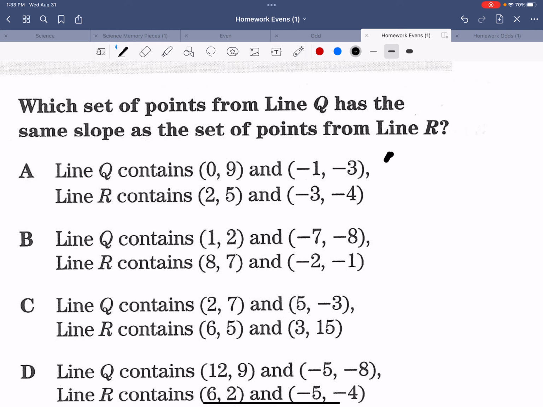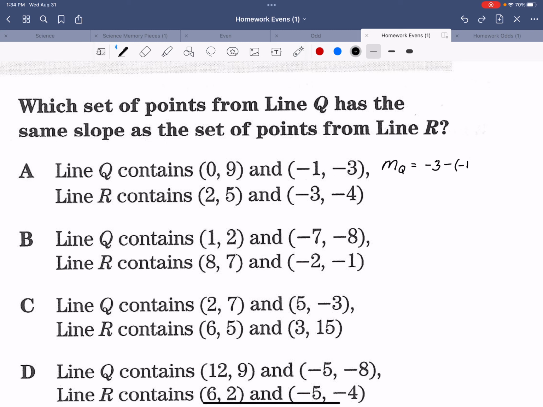So I'm going to shortcut just a hair. I'm going to say the slope of line Q equals y sub 2 is negative 3 minus y sub 1 is negative 1 over x sub 2.